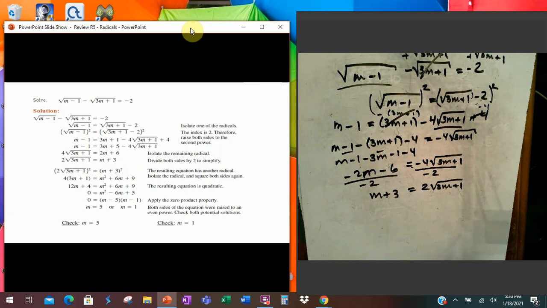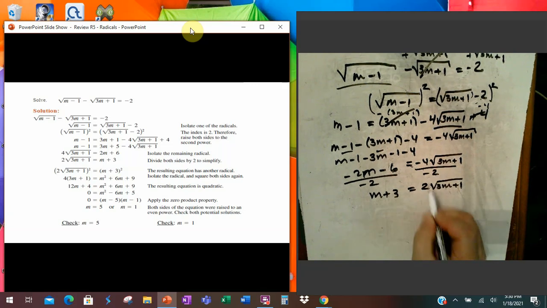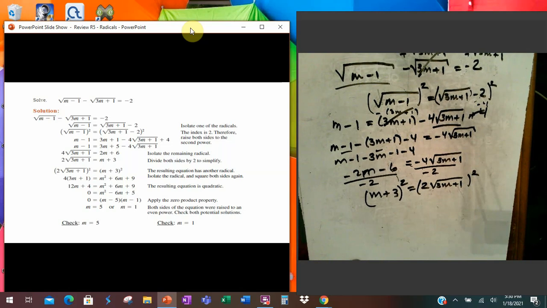And that kind of takes some foresight to know what I'm doing here. Why not divide both sides by negative 4? We could do that, but then we'd have something in the denominator when I squared, and it would come back to this. So here, I've got it to this point, I'm going to square both sides. m squared plus, square the first, multiply the 2 together and double, that's 6m, square the last.